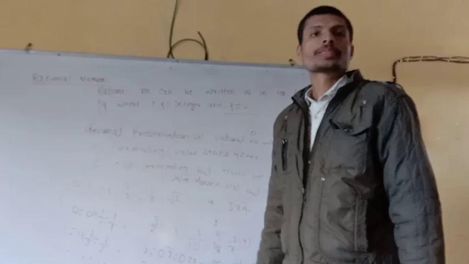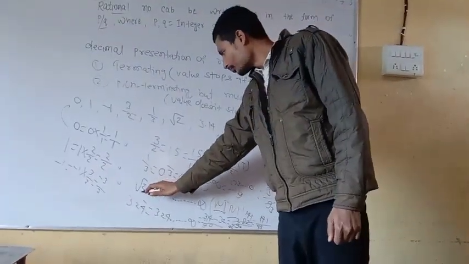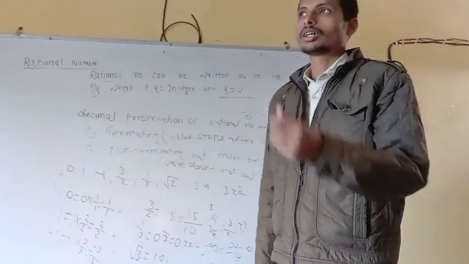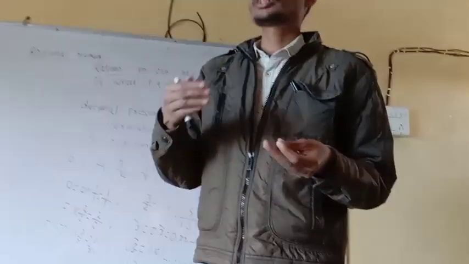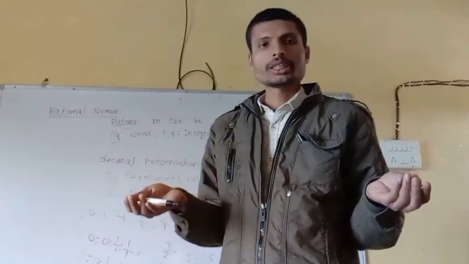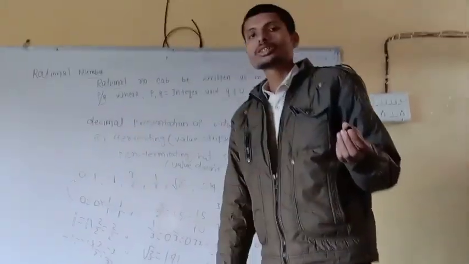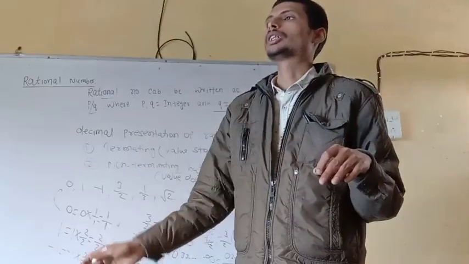So it will be a rational number. And these numbers, root 2, root 3, root 4, root 5, have decimal expansions which are non-terminating, meaning the value doesn't stop after the decimal point, and also non-repeating, where the value doesn't repeat after the decimal point.